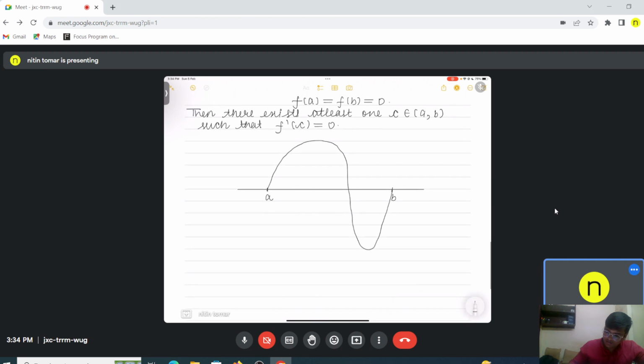So what you can see here is the following. Let this point be C. At this point, because it is a point of maxima, f prime C is 0.